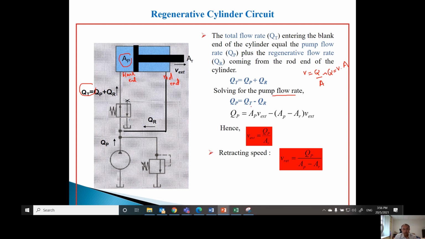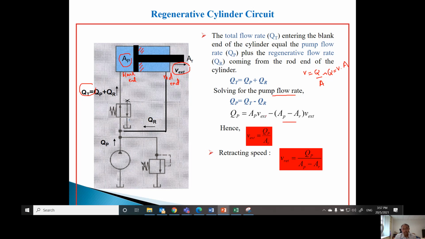Therefore, QT is equal to AP times the extension velocity, because we are talking about the extension now. And QR is equal to the same velocity, V extension, but now the effective area is AP minus AR, which is the ring area.